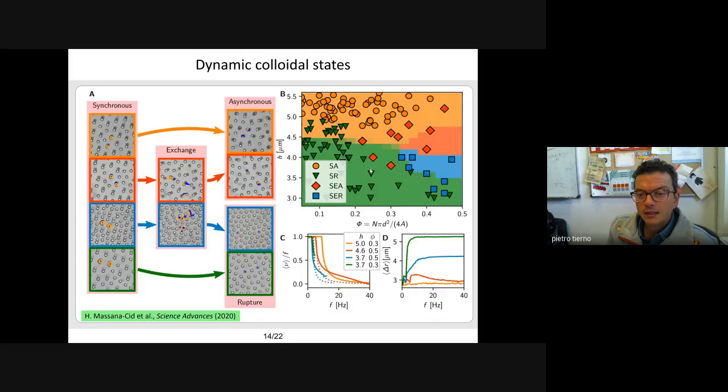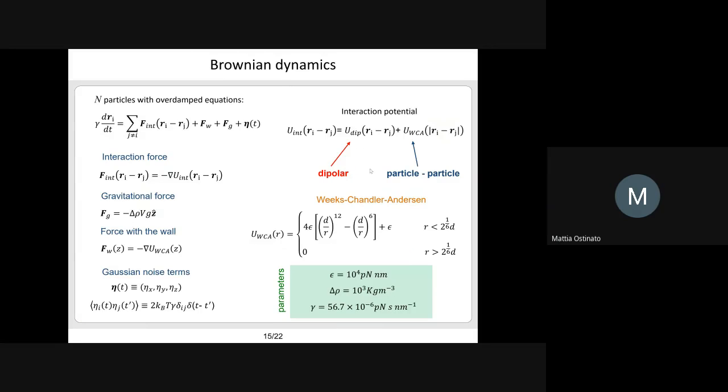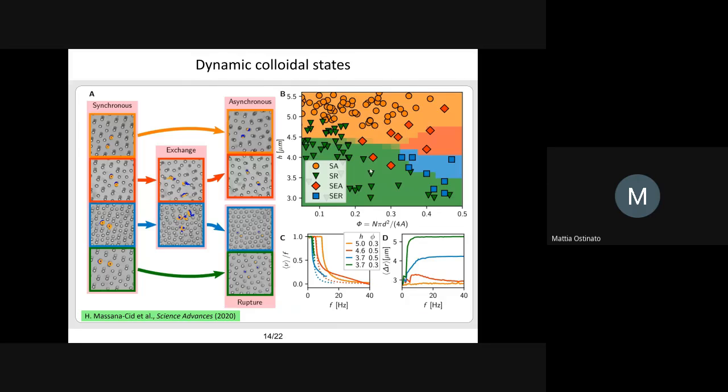Okay, saying that, Antonio, sorry, I have a question. Can I interrupt? Yeah, sure. I just have a question regarding figure C in this slide. The blue line, the one with the mean frequency with respect to the driving frequency of the field, is for the synchronous exchange rupture state.